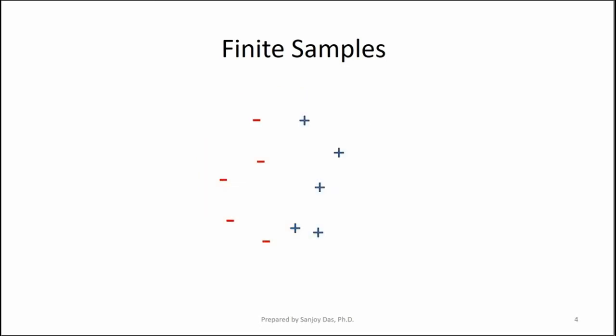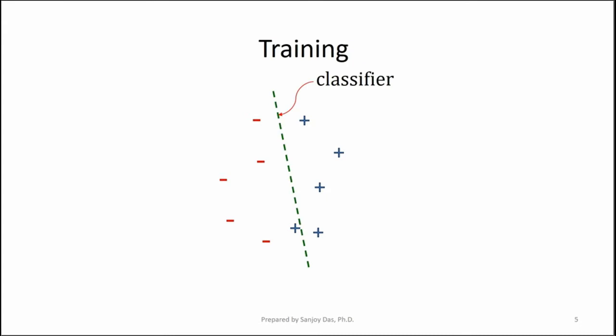These samples are then subject to some kind of training. A machine learning model is used to train and to come up with a classifier that can classify those sample points into the pluses and the minuses.